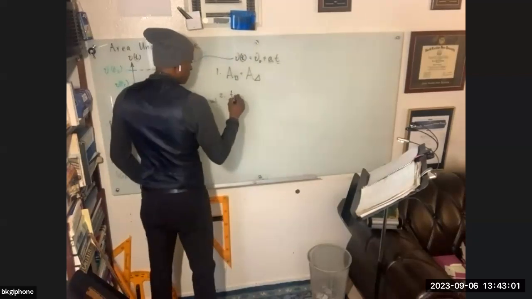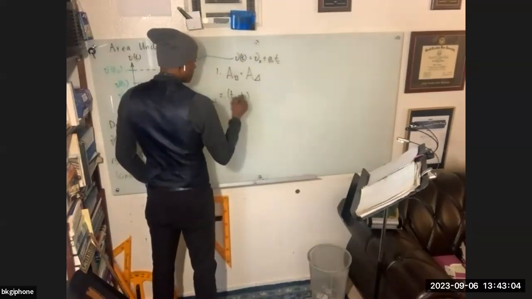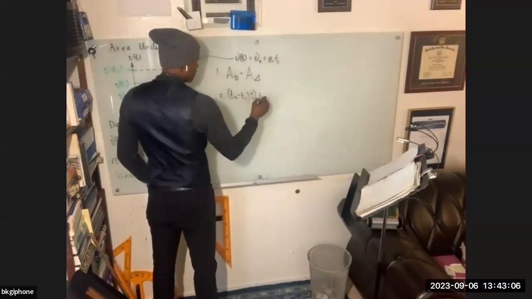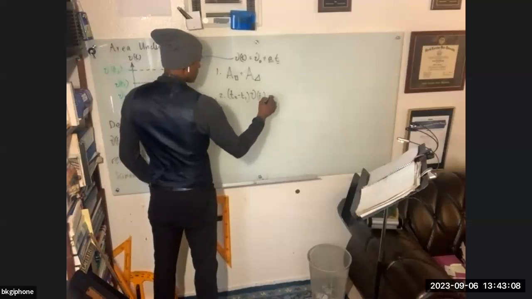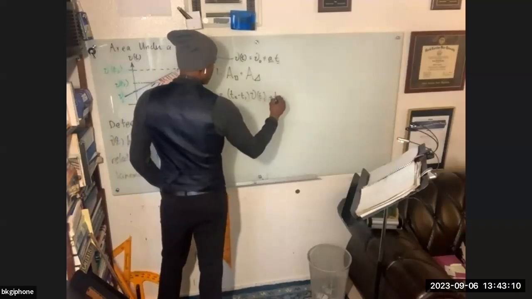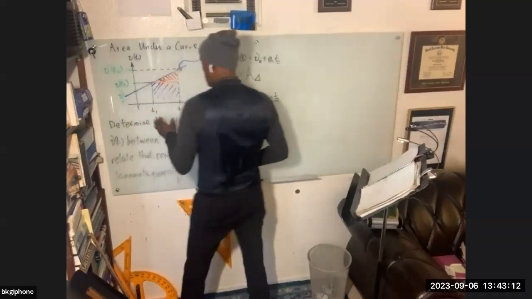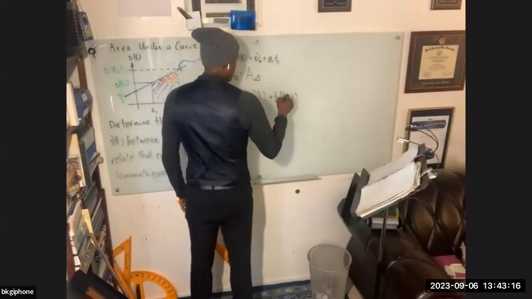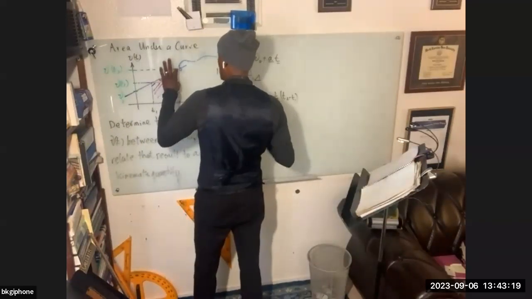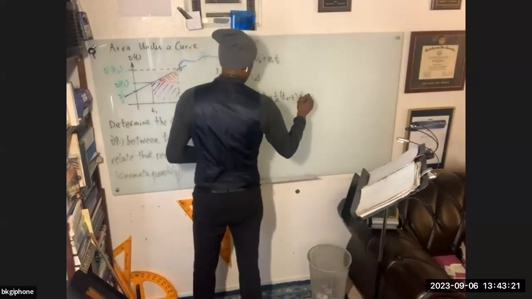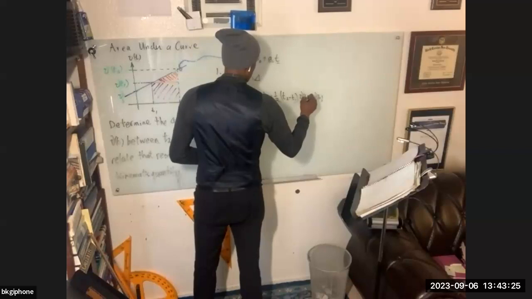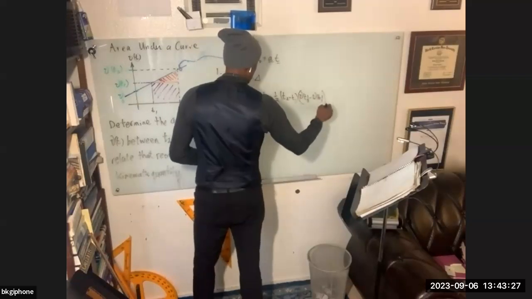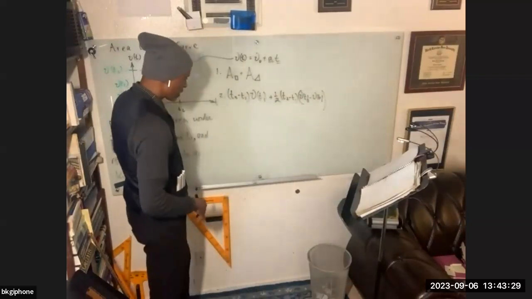So t2 minus t1 times v at t1. I think you said that. Then plus 1/2 times the base. The base we could still say is t2 minus t1. And the height then is going to be v of t2 minus v of t1, and that's got to be in parentheses itself. So I think that's what you stated.